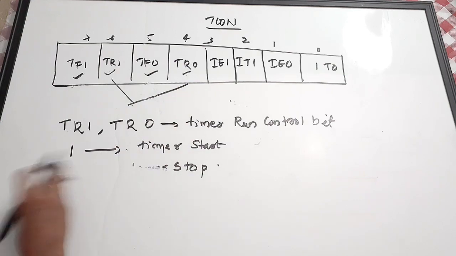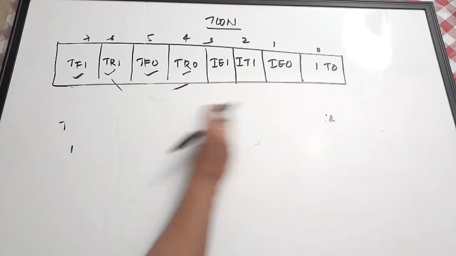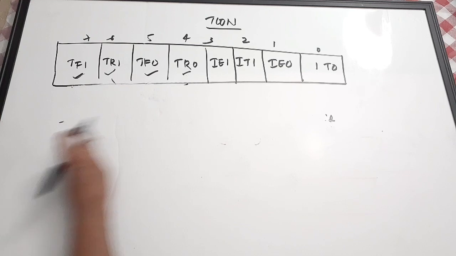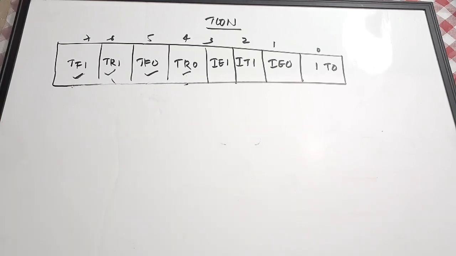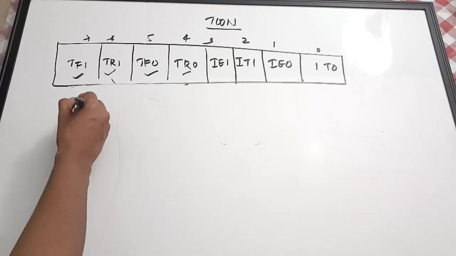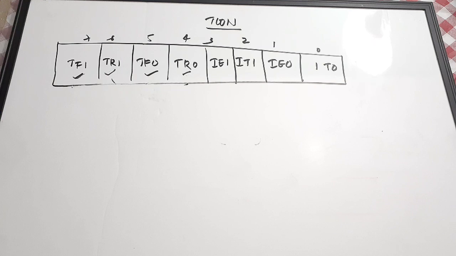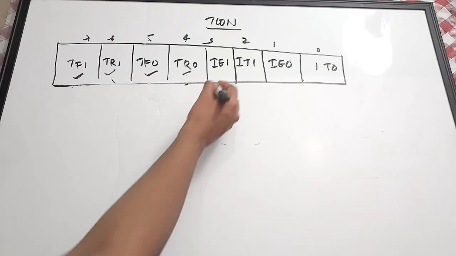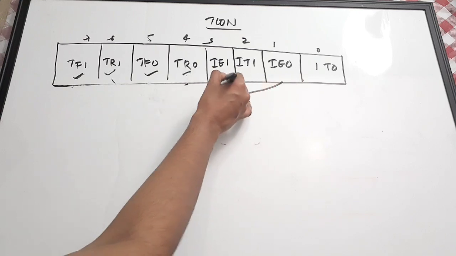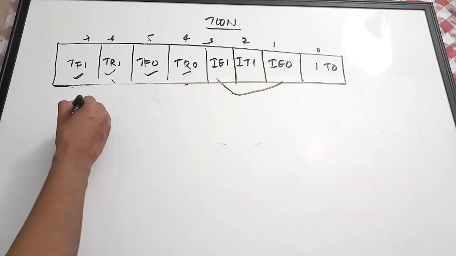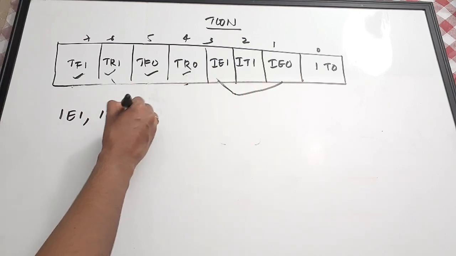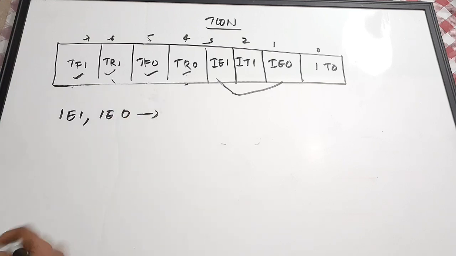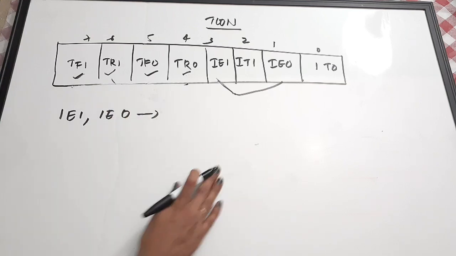Next field. We are going to discuss some interrupts now. The next field is IE1 and IE0, the external interrupt edge flag.